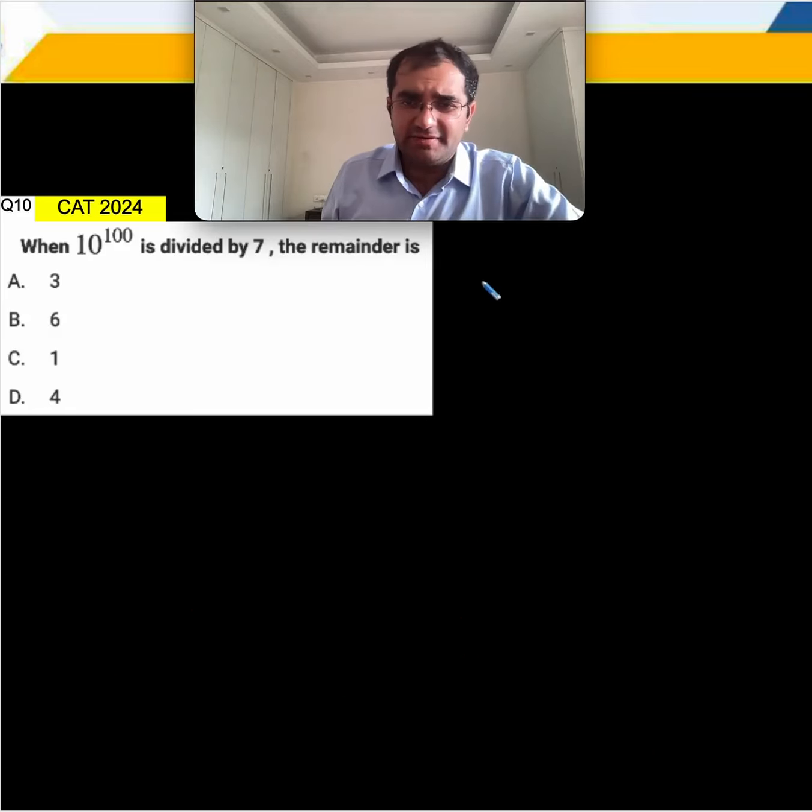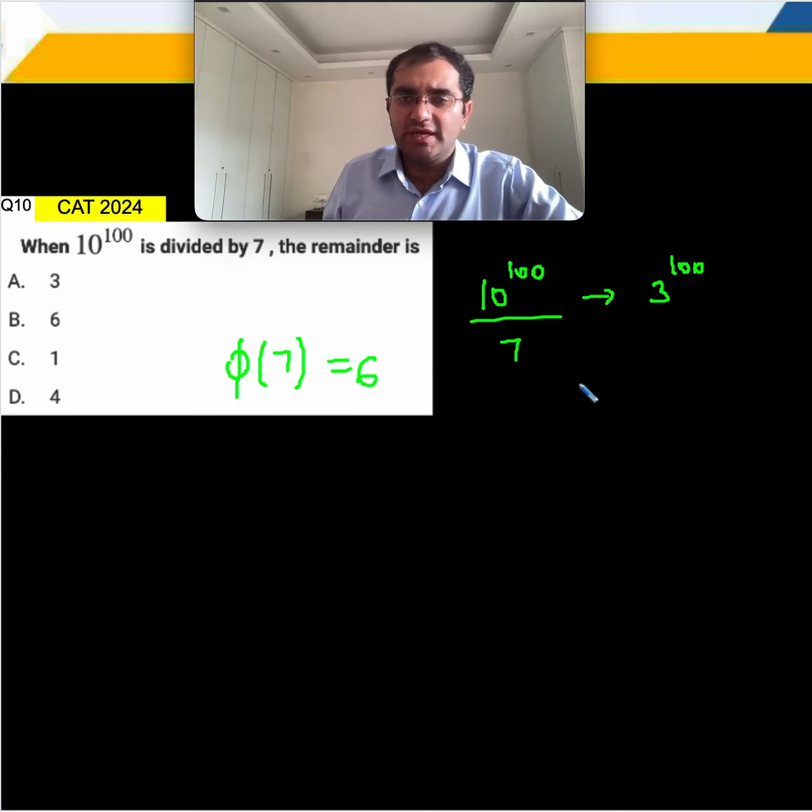Standard remainders question, 10 to the power 100 divided by 7. तो 10 divided by 7, the remainder is 3, तो ये 3 power 100 हो जाएगा. Now using Euler's formula, phi of 7 is 6, so let me write this as 3 to the power 96 into 3 power 4, ठीक है?